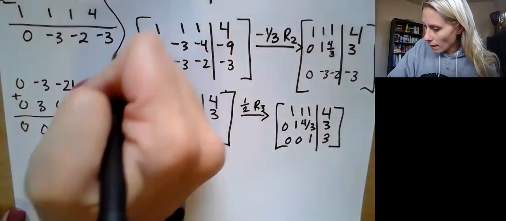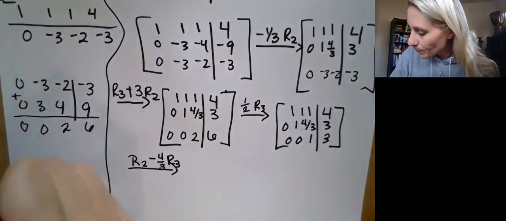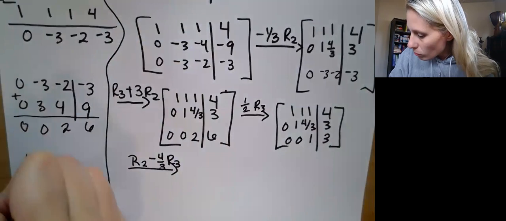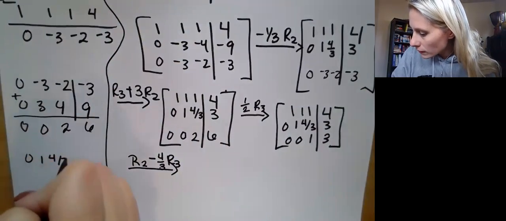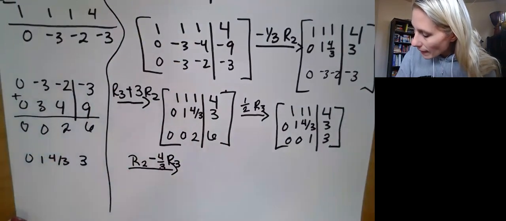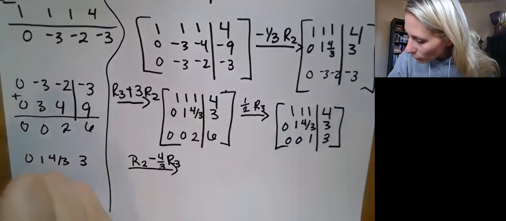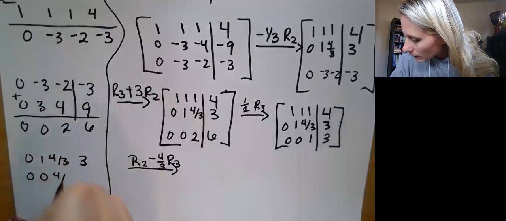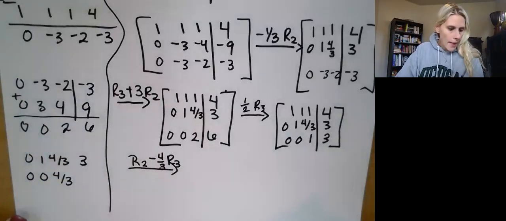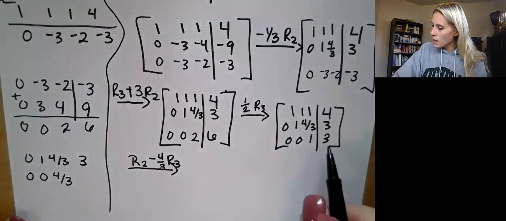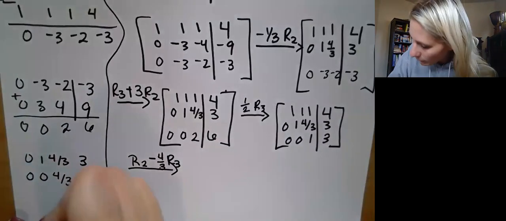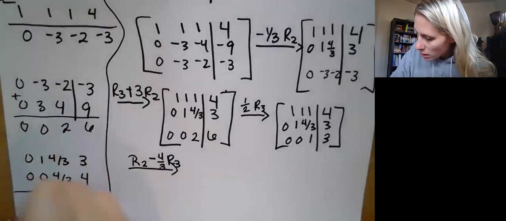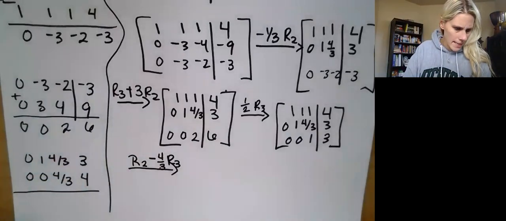So again, I'm having more of my work on the side. So 0, 1, 4/3, 3, and then I'm multiplying by 4/3 on the bottom. So 0, 0, 4/3, and then 4/3 times 3 is 4. I'm going to subtract straight down.